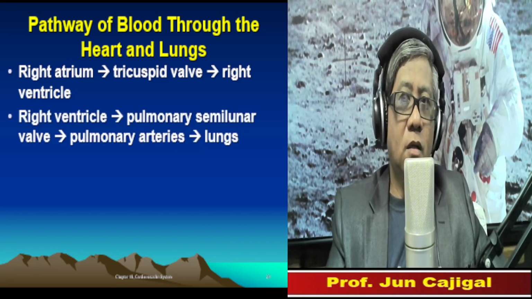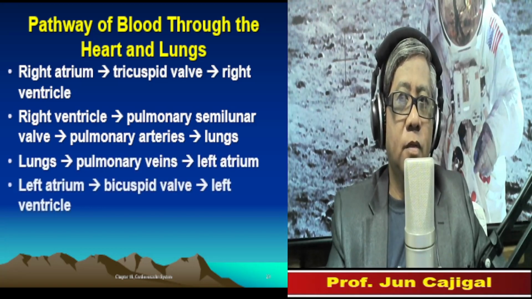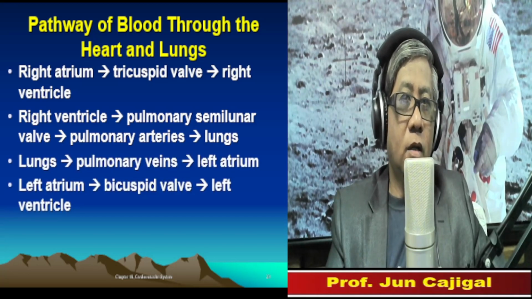Now inside the lungs, the carbon dioxide is released and the blood is replenished with oxygen. So the blood now becomes oxygenated. Then from the lungs, the oxygenated blood enters the pulmonary veins going back to the heart. Then the blood rich in oxygen enters the left atrium. Then from the left atrium, the blood enters the bicuspid valve.